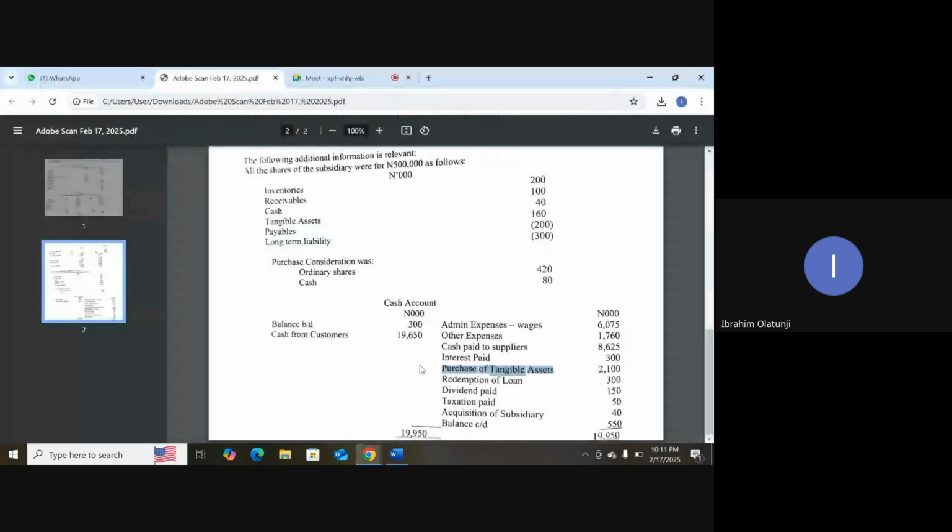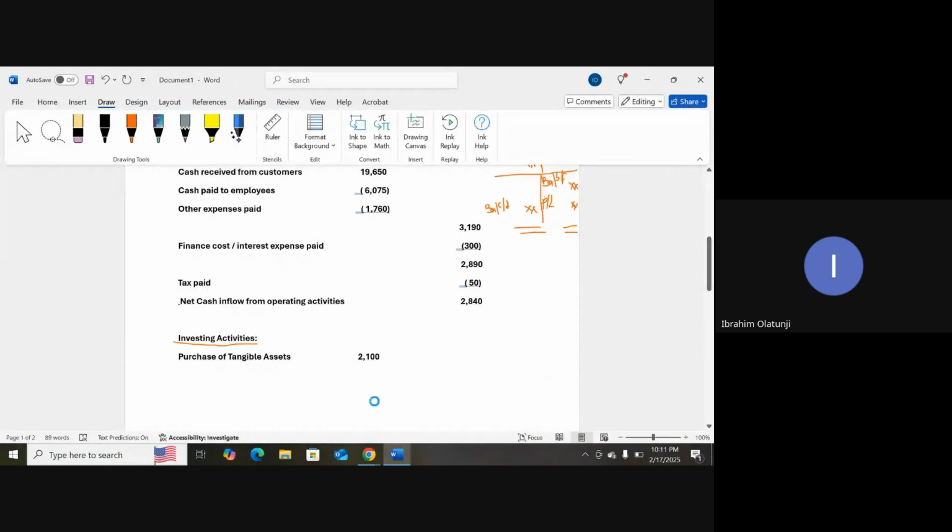Another thing that we can think of, based on what I mentioned, besides the purchase of assets, is maybe a dividend received or interest received. You can see acquisition of subsidiary. When you acquire a subsidiary, it is part of your investment, then you put it.